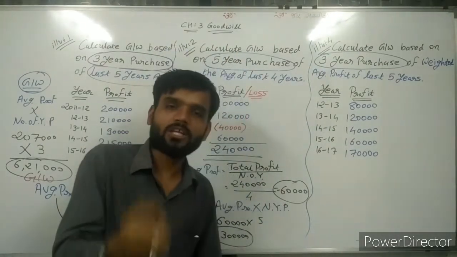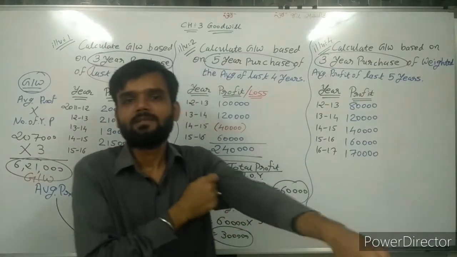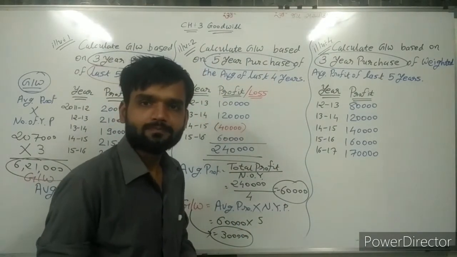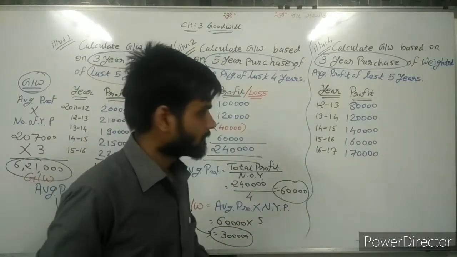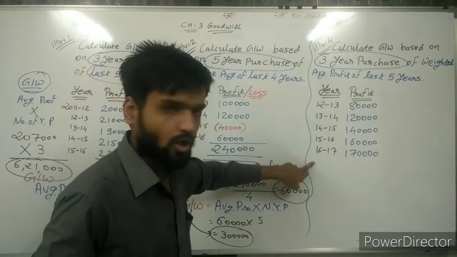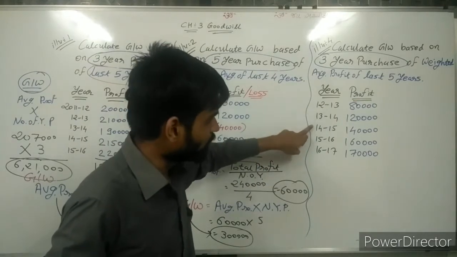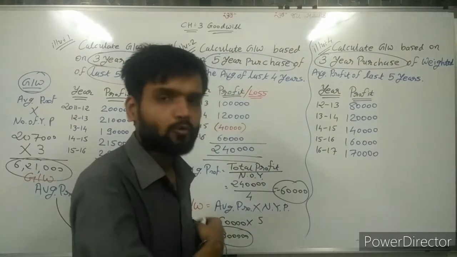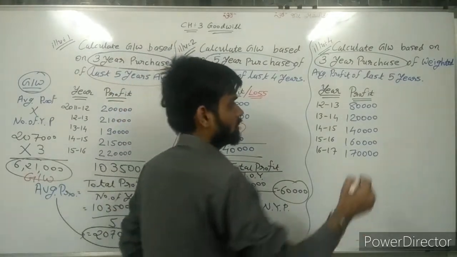So first of all, give weight. Sir, how can we give weight? Your first step: first see the years. Are the years perfectly given or not? First 12, 13, 14, 15, 16. Yes, the years are perfectly given. Then how can we give weight?